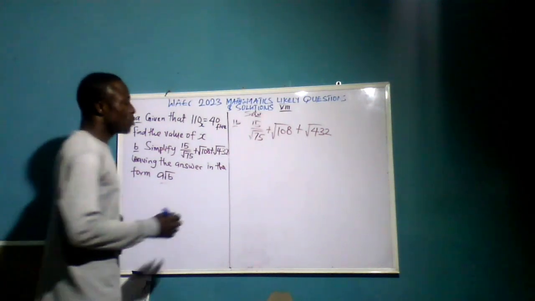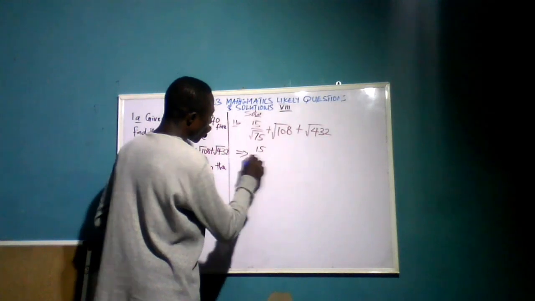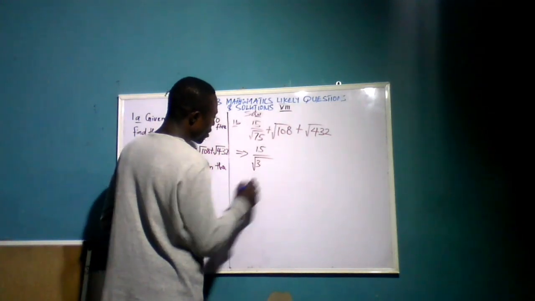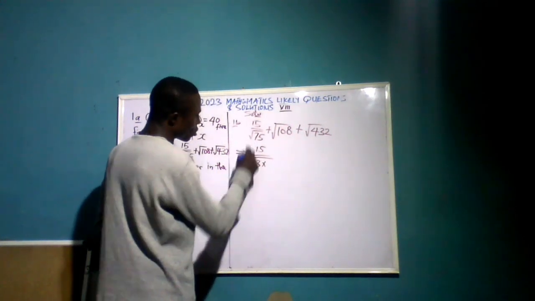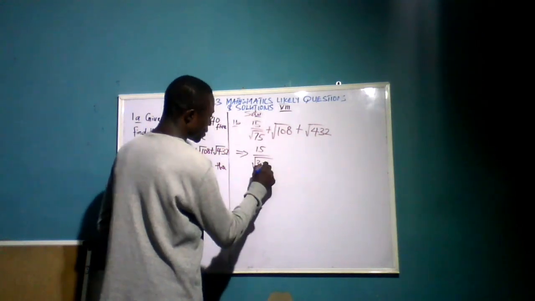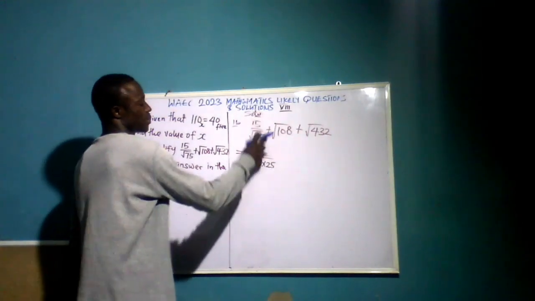Okay? So, having said that, 15 all over root 75 can be rewritten as 15 all over square root of 3 times 25, since you know that 3 times 25 is still the same thing as 75.